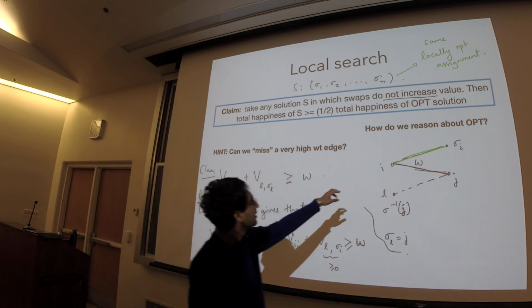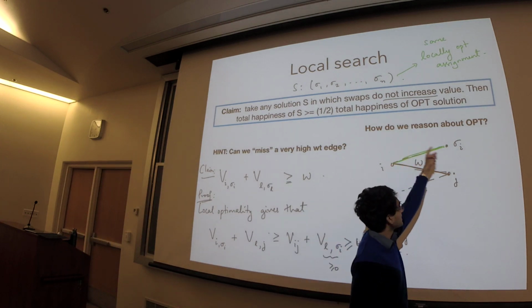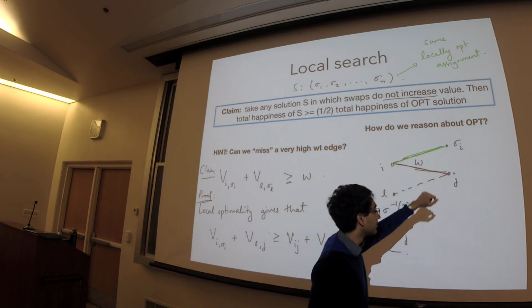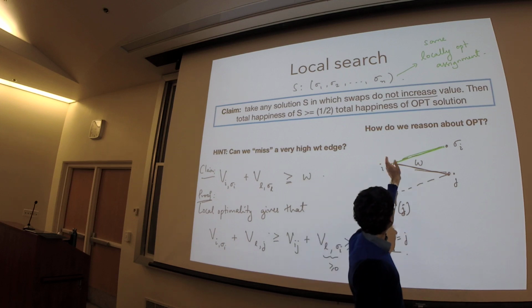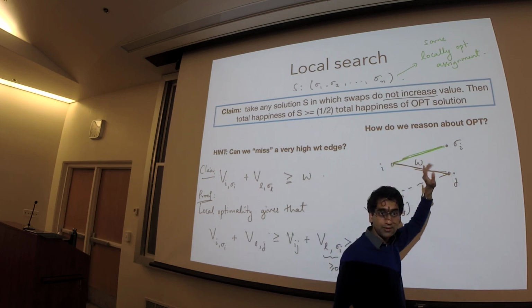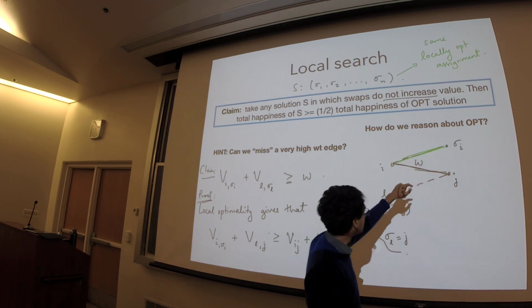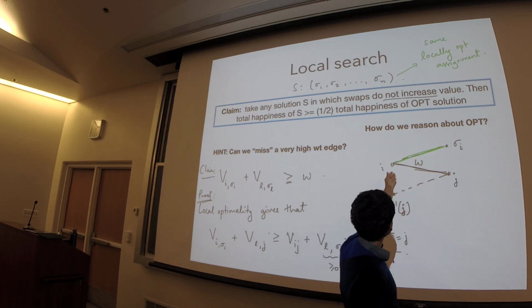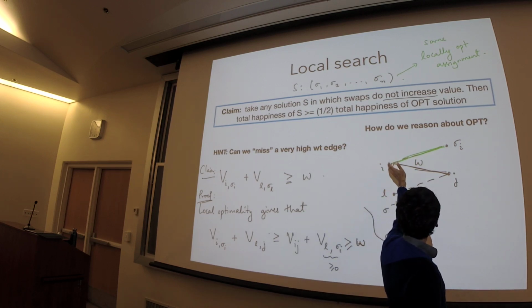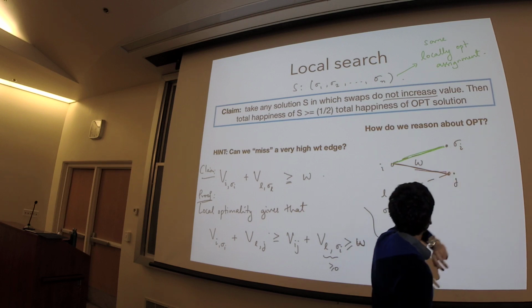So in this picture, I was assigned sigma I. If I was already assigned J, then you would have been done, and that's what we wanted to show. But you assume I was assigned to some sigma I.